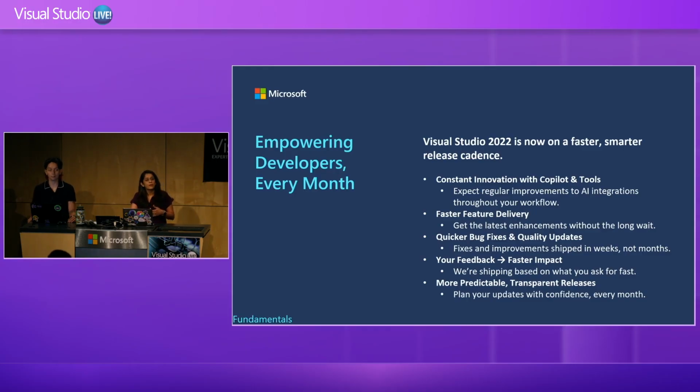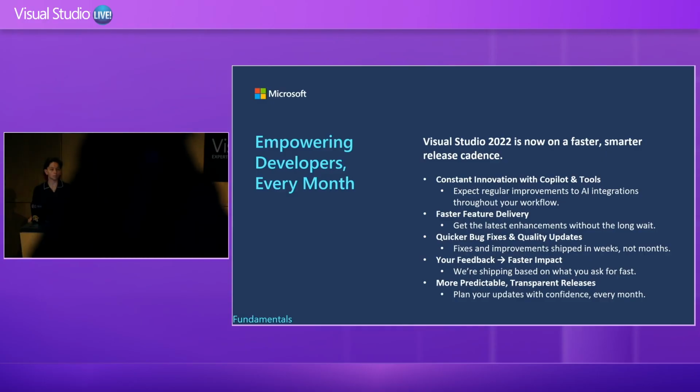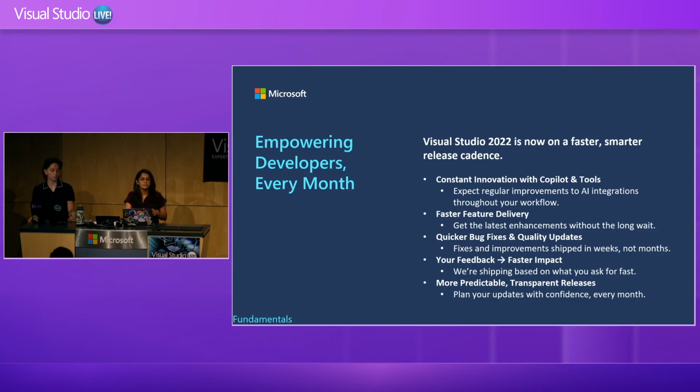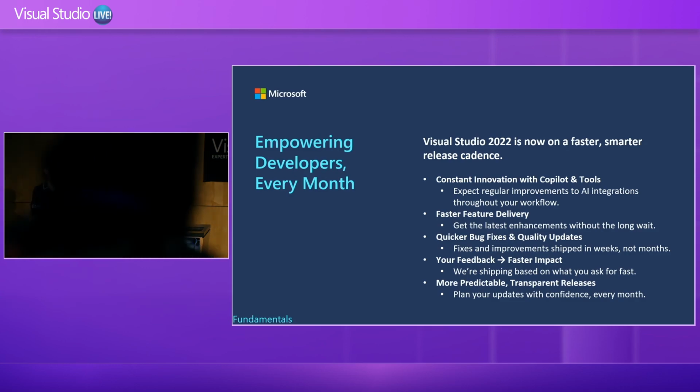We will also bring your feature improvements, bug fixes and quality improvements every week, not just every month. And then we will bring features based on your feedback much more quickly to you as well. But I think the best part with the new monthly release is that you have more transparency in the release cycle.